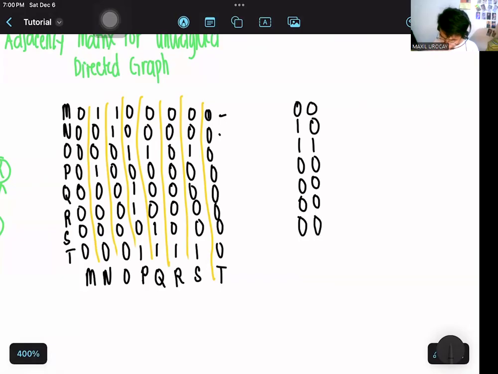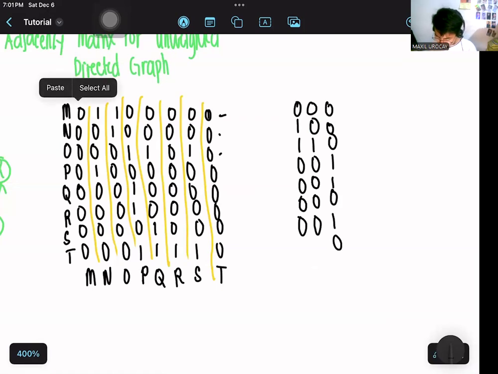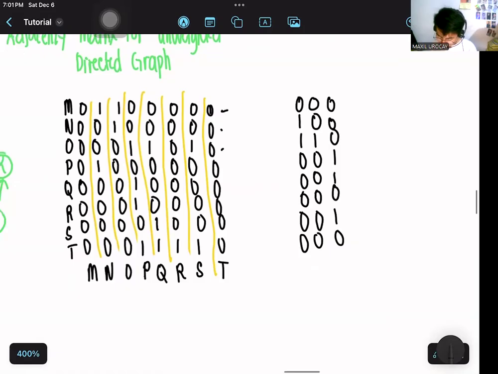Afterwards it will become 0 0 0, and then 1 1 0 1. That's how it works. Sorry, 0 0 0, three zeros, 2 0 1 0 1 0. What about the first, 0 1 1, then 5 zeros. What about the second, 0 1, and then the rest will be 0.